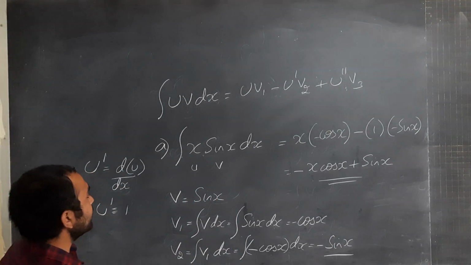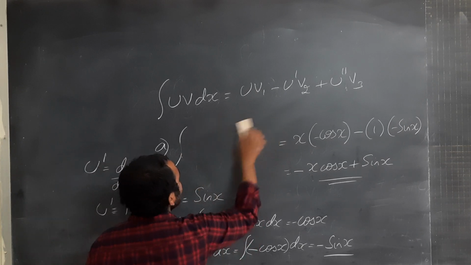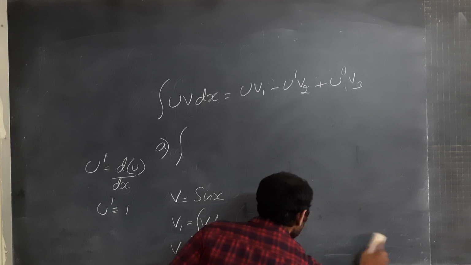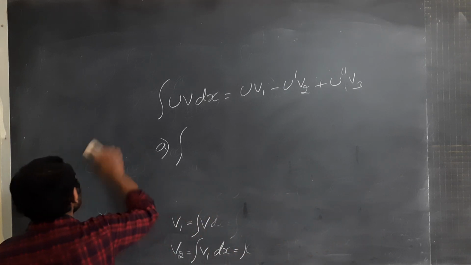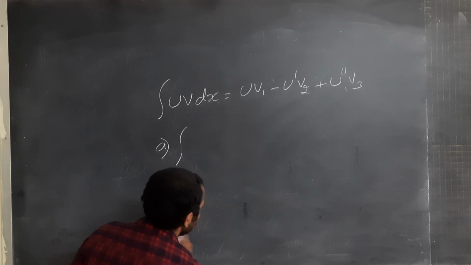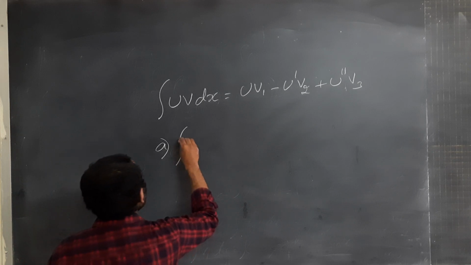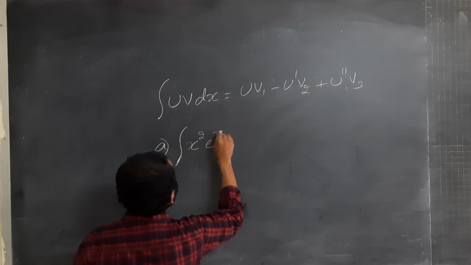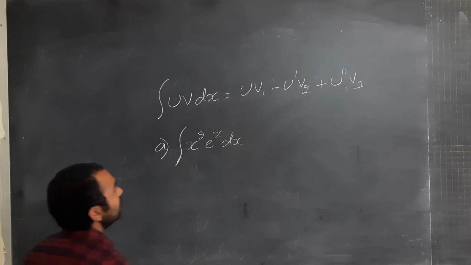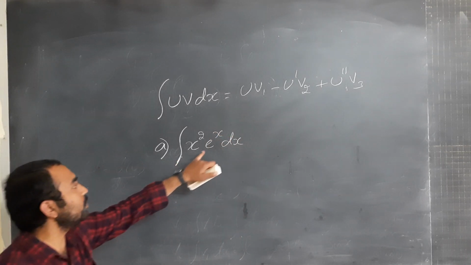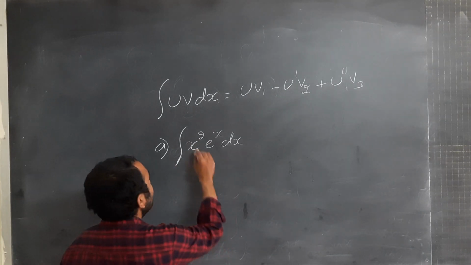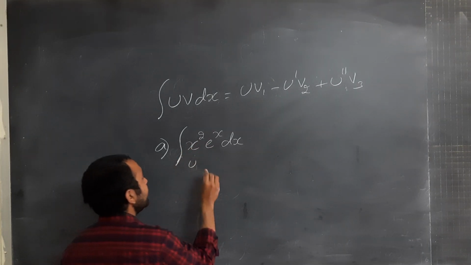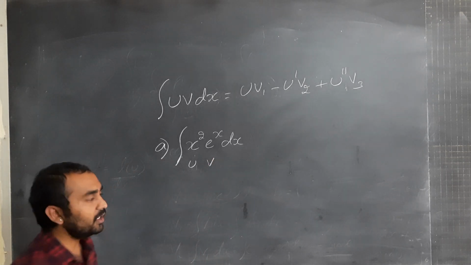So we take another example. Integration of x square into e power x into dx. Here we consider x square as one function u and e power x as the other function v.